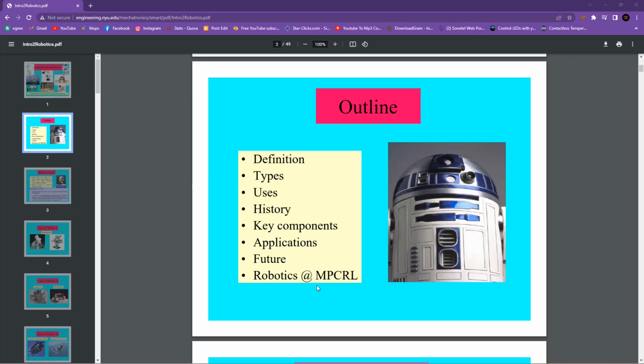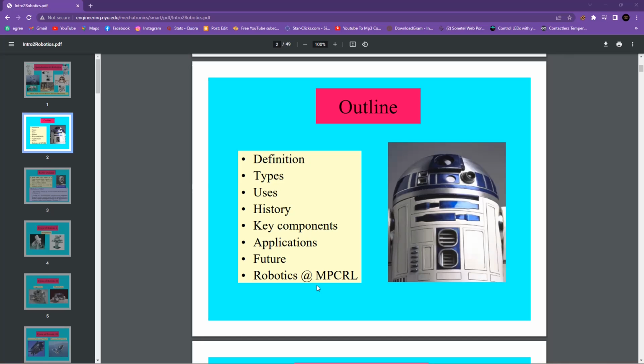Now, robotics is the intersection of science and engineering to produce machines called robots, to help humans or mimic human activities. That's basically the definition of robotics. There is a difference between robotics and robots.